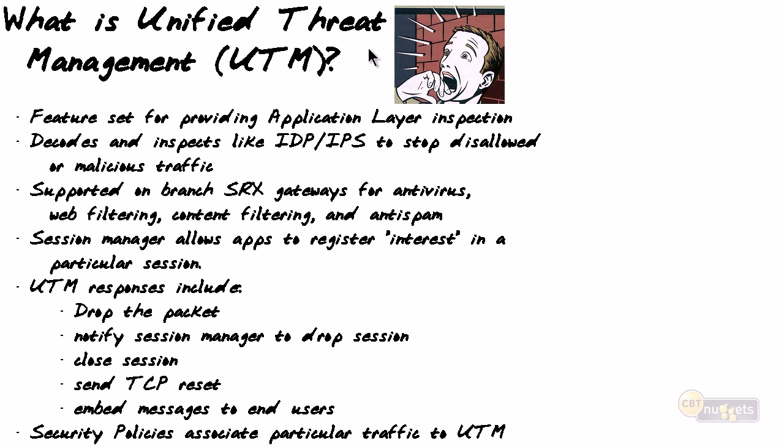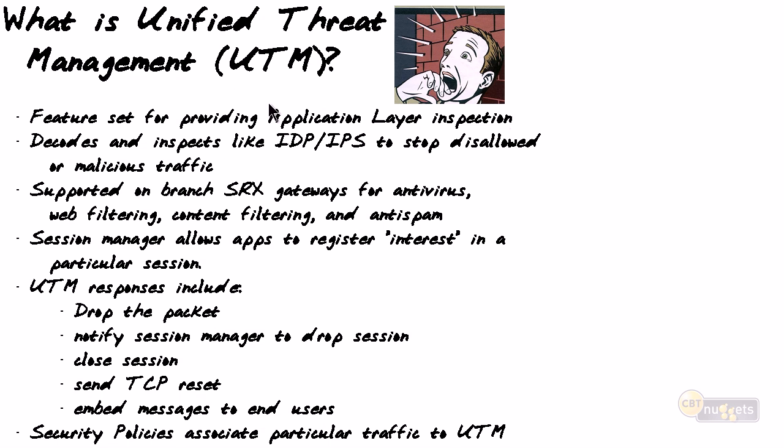Okay, as you can imagine, this is a feature set for application layer inspection. And even though IPS or IDP can inspect the application layer, this is a defense in-depth mechanism. It's another layer of defense. But as you can imagine, since we're doing application layer inspection, or in other words, layer 5 through 7 of the OSI model, it's going to demand some overhead on your device as far as processing cycles and other overhead.